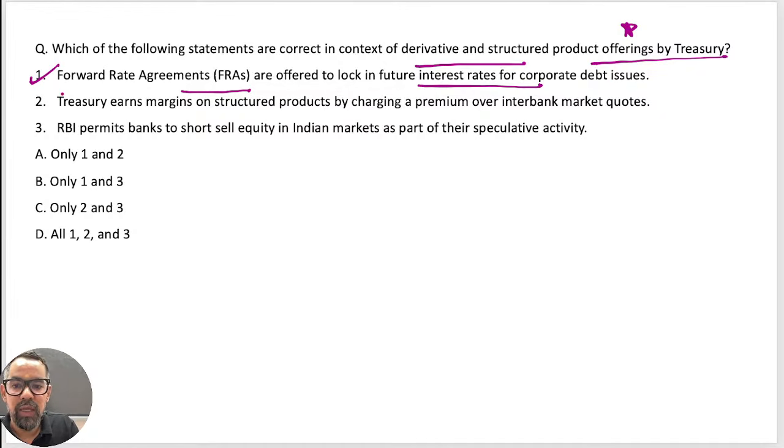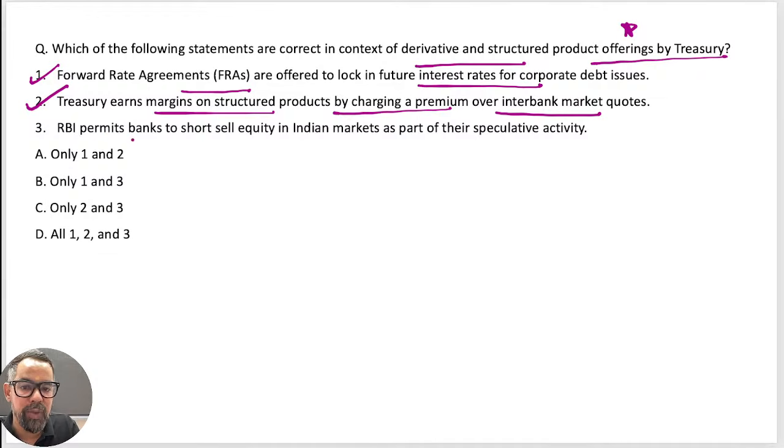True. The second statement: treasury earns margin on structured products by charging a premium over the interbank quotes.